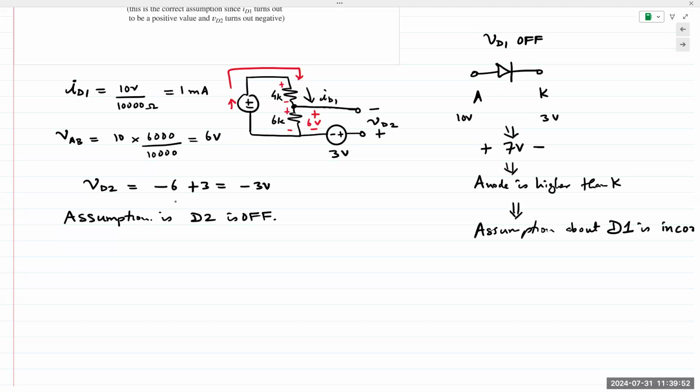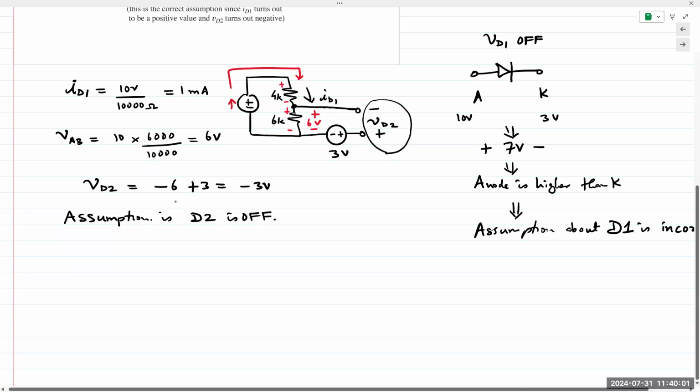This is a common point of confusion. A plus and a minus sign for a diode is always showing the position of the anode with reference to the cathode. If the anode is higher than the cathode, you get a positive diode voltage. If the anode is lower than the cathode, you get a negative diode voltage, which we obtain in this case.